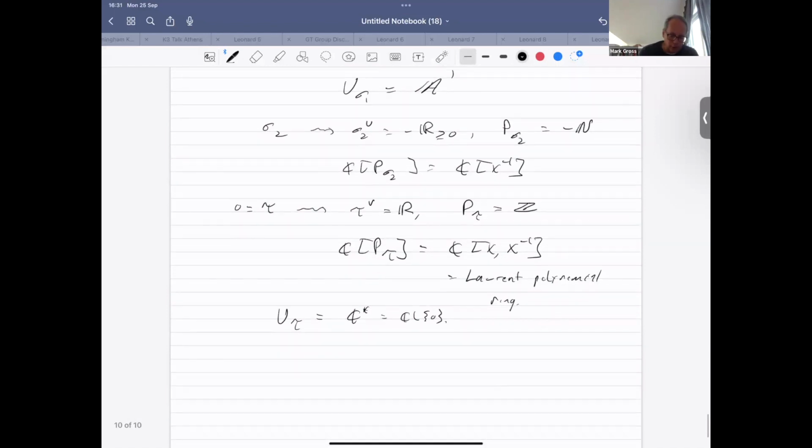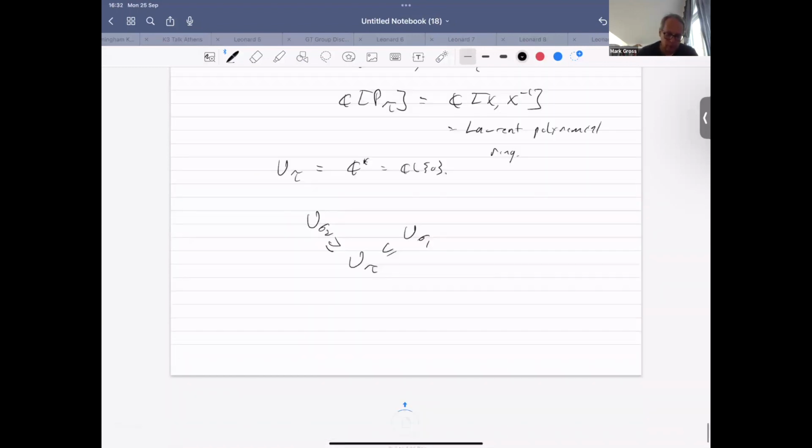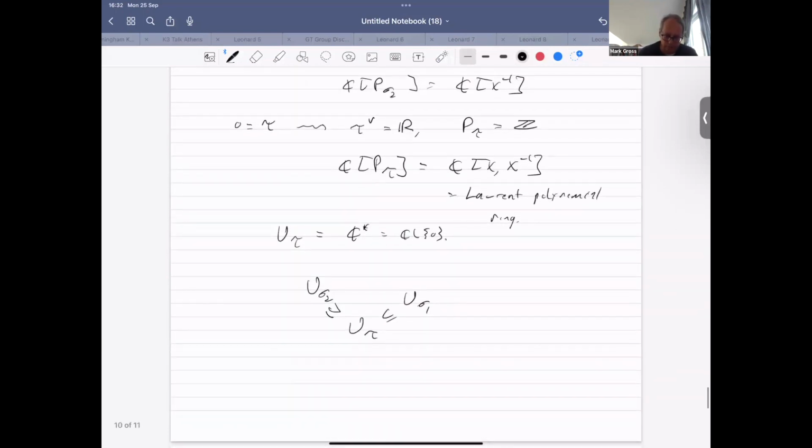So what happens is that you get 2 inclusions here. You have U tau sitting inside U sigma 1 and inside U sigma 2. But the way to think about this is that U sigma 1 throws the origin into C star.